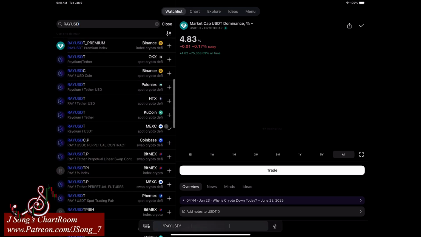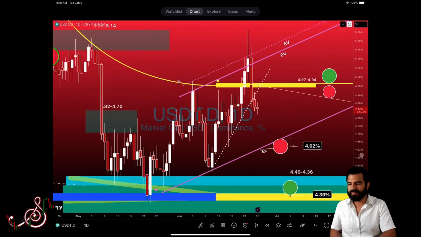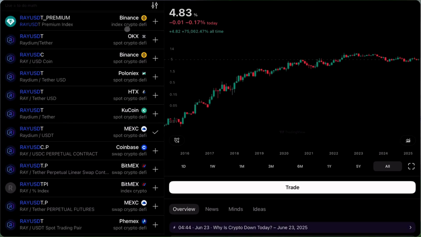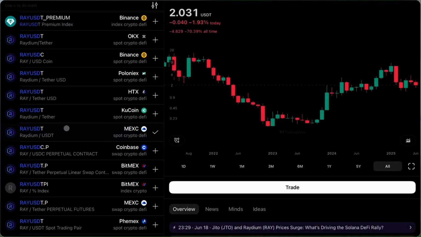You can click the little button here that makes it a plus and add it to the watch list, and then you can click this button right over here that makes it full screen. So if you guys are new, that's how you'll do that. Oh, we could have clicked this one first, then it populates here, and then we click this one.